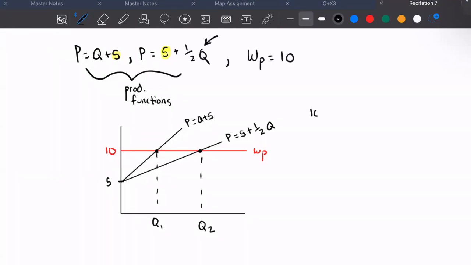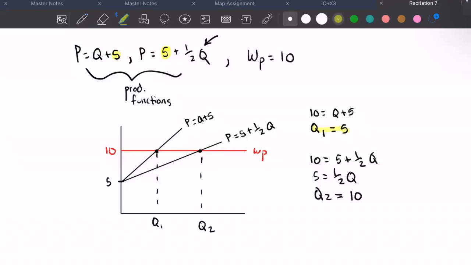So we do that by setting each function equal to 10. So Q1 is going to be 5. Now we do the same thing for the other function. 5 is equal to 1/2 Q. So Q2 is going to equal 10. So Q1 is equal to 5 and Q2 is equal to 10.